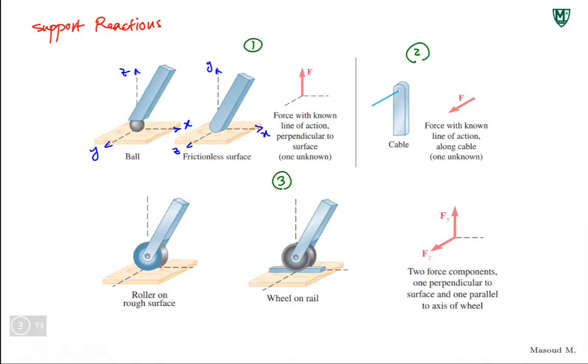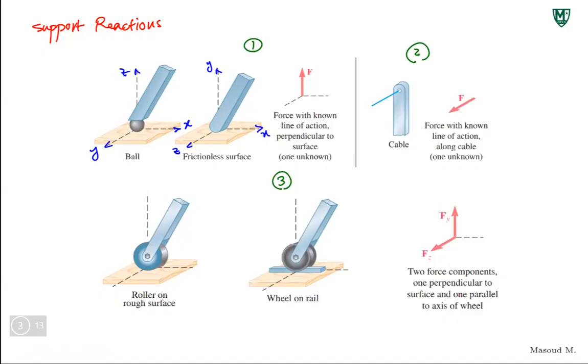I haven't talked about friction yet, but you know friction from physics. Roller on a rough surface, or a wheel on a rail. Now, if I have a roller on a rough surface, why do I get 2 forces? Well, one of them is very similar to a ball. It's from the surface to this roller.